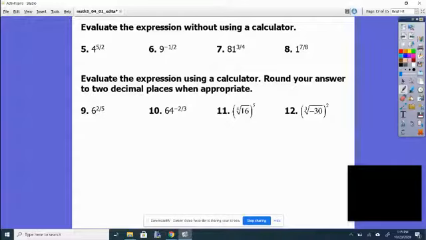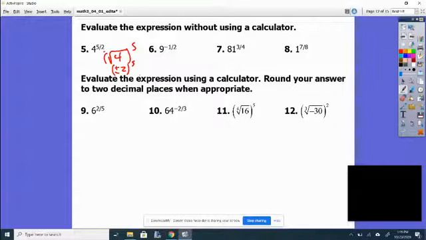For these ones, without using a calculator. So exactly what we just did. So 4 to the 5th. Square root of 4 is 2, positive or negative, because of the squared. To the fifth. The fifth, odd power is going to preserve that positive and negative.